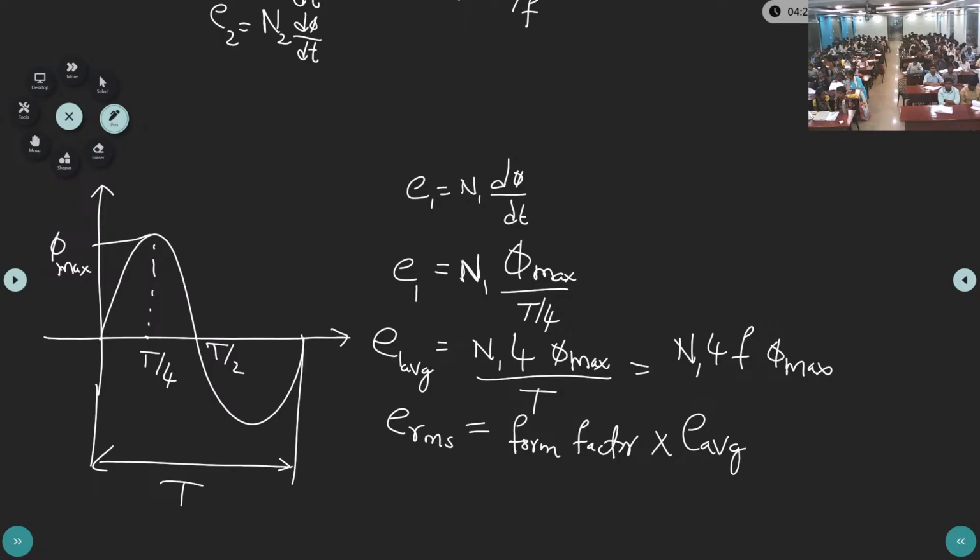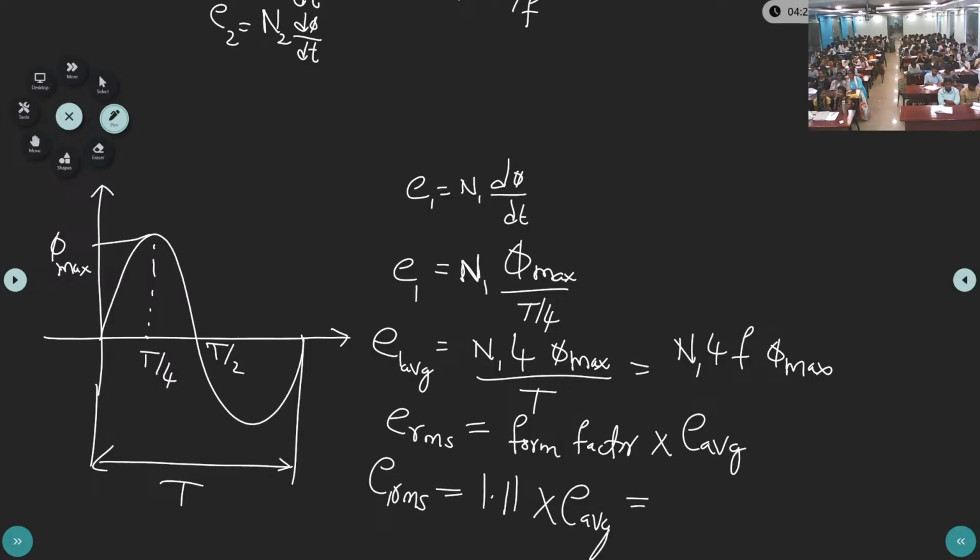For a sine wave, the form factor is 1.11. So E1 RMS is 1.11 into E average.